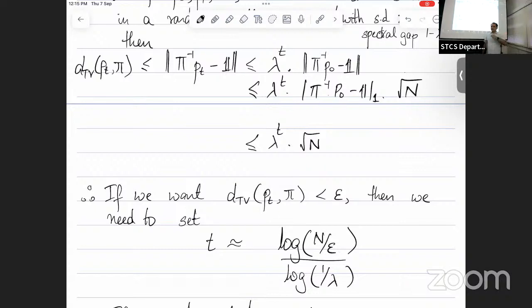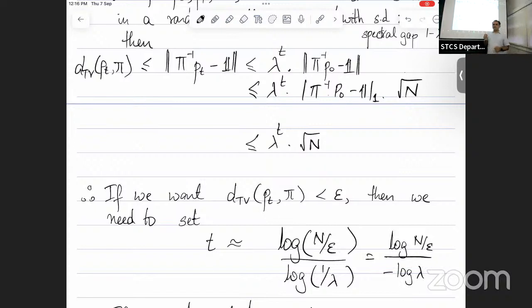The t that you need is basically such that lambda to the t is smaller than epsilon by square root of n. You just rearrange things, and this is what you end up getting. Sometimes people write this as log of n over epsilon divided by minus log lambda.